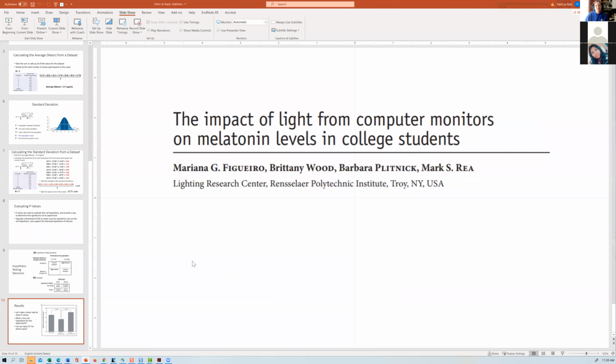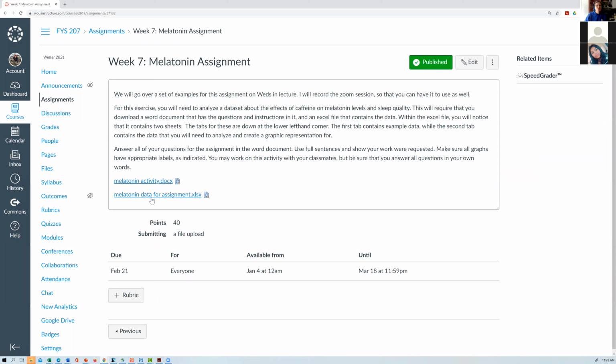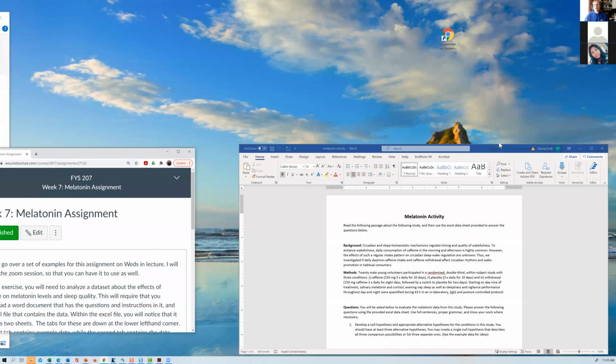You've got two documents that you'll need to download. The melatonin data is held in Excel, and then the actual assignment and questions are in the document file. That's the one you'll need to follow through and answer questions in. So open that and follow the instructions in there.